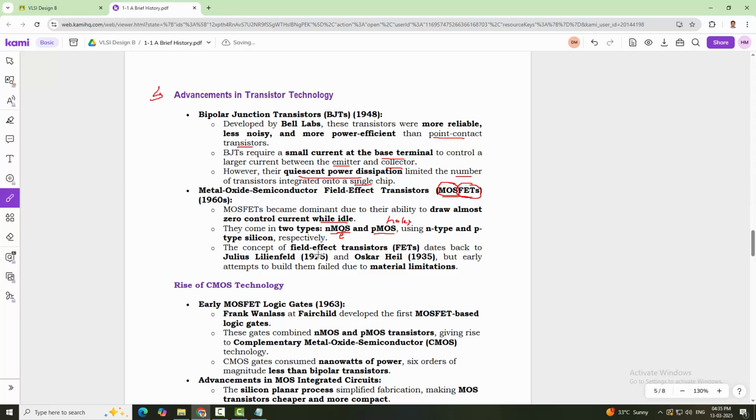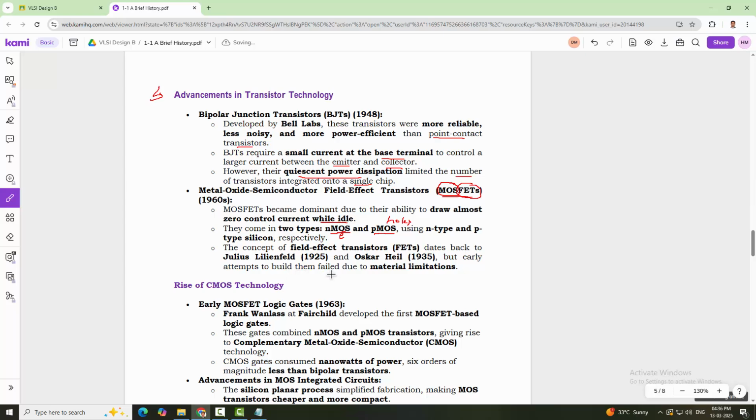The concept of field effects, as I was mentioning, dates back to Julius Lilienfeld in 1925 and Oskar Heil in 1935. Though the field effect concept was invented way back in 1925 and 1935, because of the IC invention, this was kept in the dark, and later from 1958 onwards it got real life, and that's how the MOSFET and CMOS came into existence.